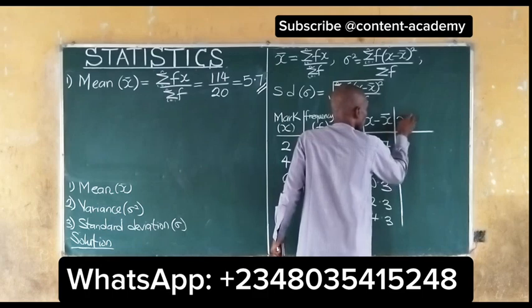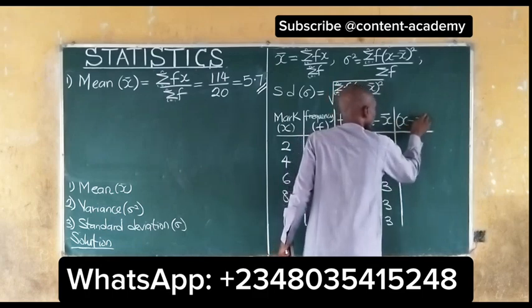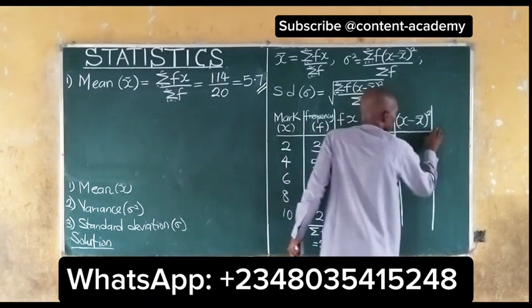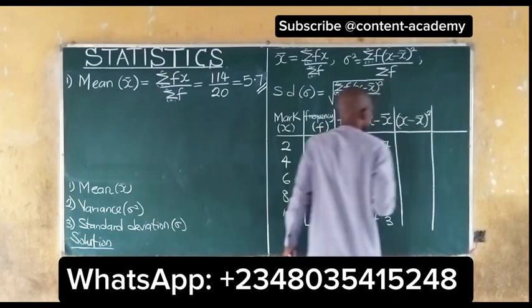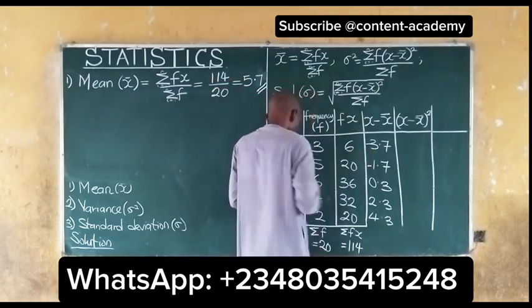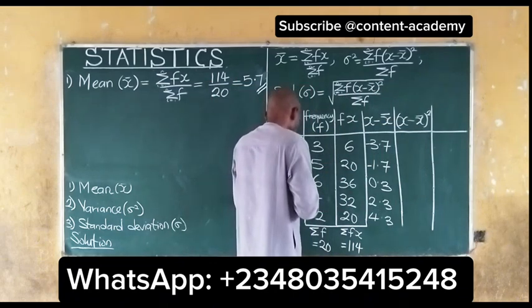Now we also produce another table, x minus x bar squared. It means we have to square these values.